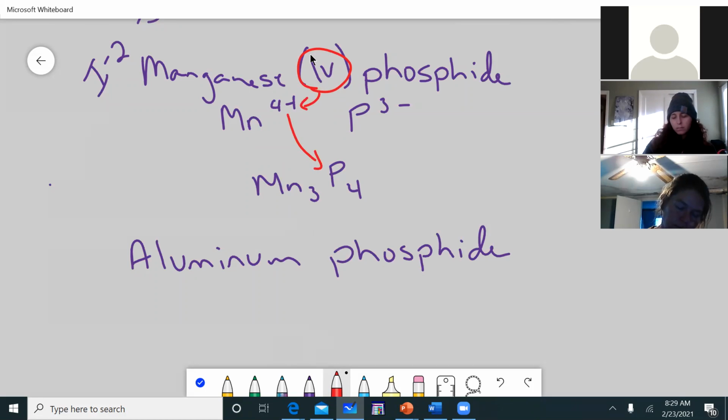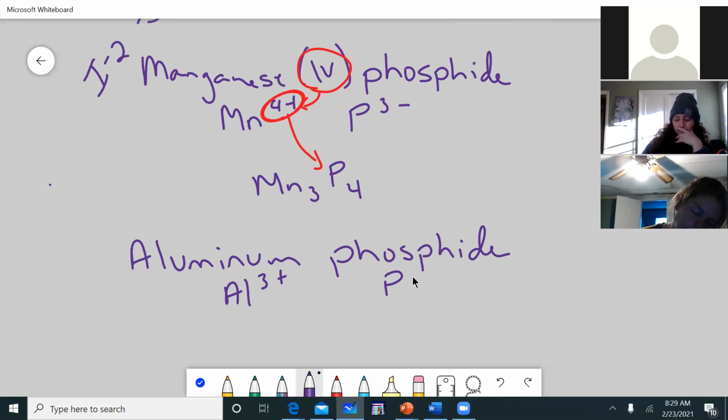What happens sometimes is people will take this and just drop it down and put a 4 here. No, we've got to put it as the charge, and then from there, flip-flop charges. In this case, we've got aluminum phosphide. So aluminum always is a 3+ charge, predictable charge. Phosphide, P, phosphorus with a 3- charge. Flip-flop, it'll be 3 to 3, and we can reduce. So that becomes AlP.